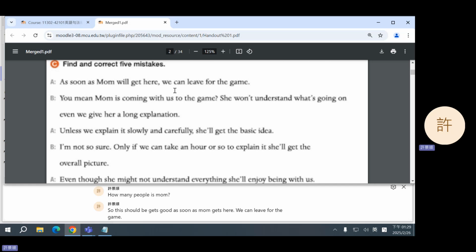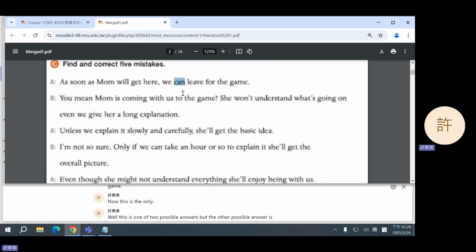Now, this is one of two possible answers, but the other possible answer is here. We will leave for the game. This is going to happen in the future if the first part comes true.